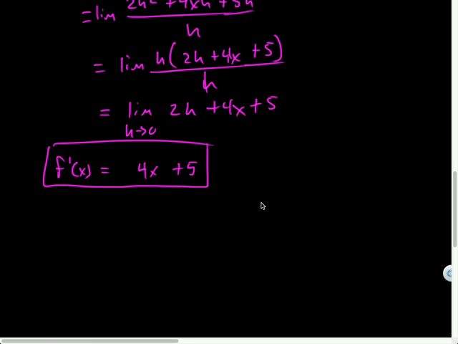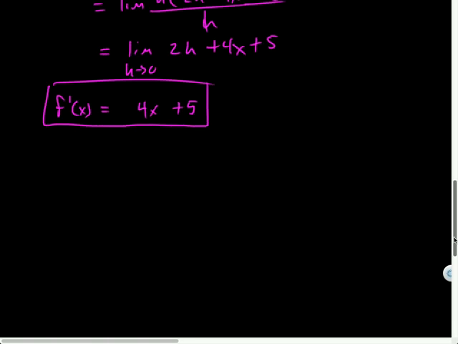4x plus 5. So that's an interesting thing. I don't know if you picked up on that. The derivative of a linear function is a constant function. The derivative of a quadratic is a linear function. And the derivative of a cubic is going to be a quadratic function.